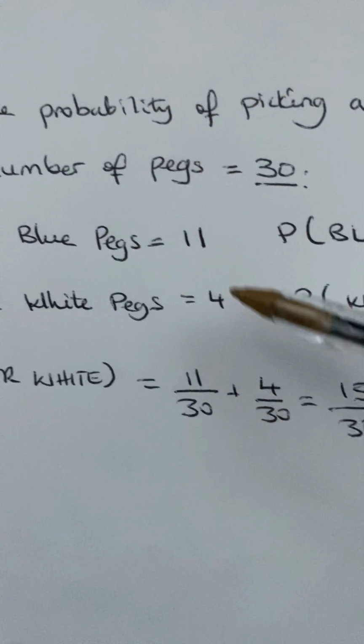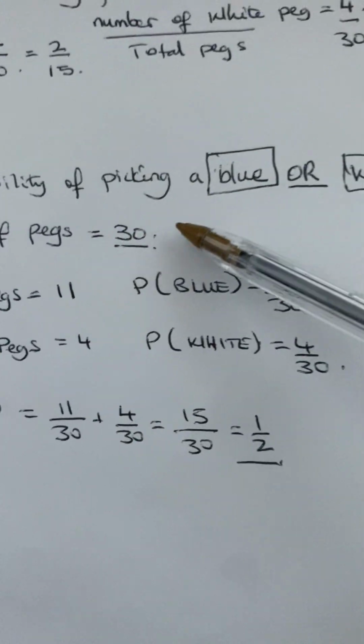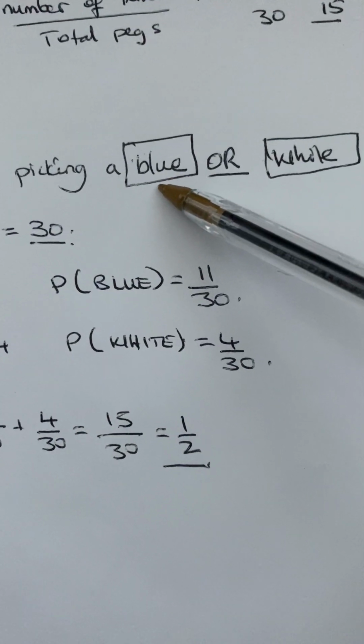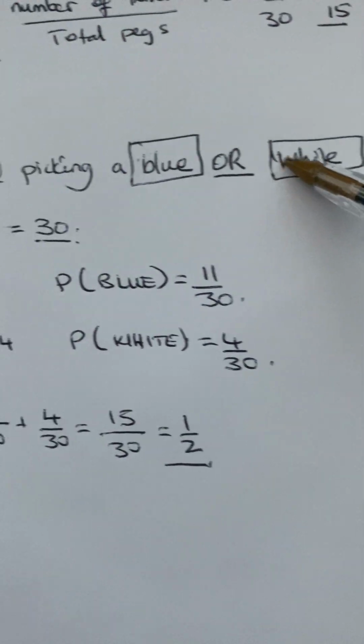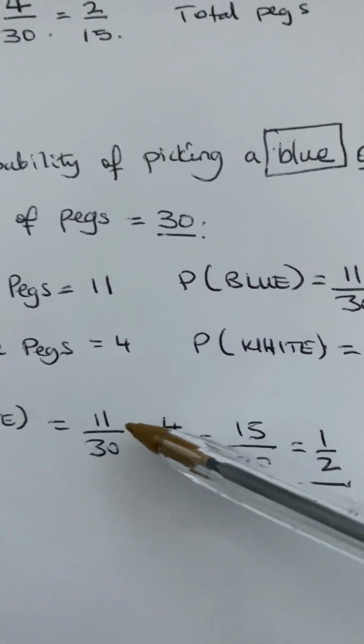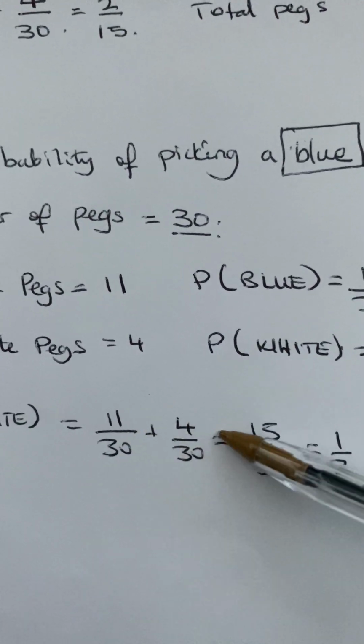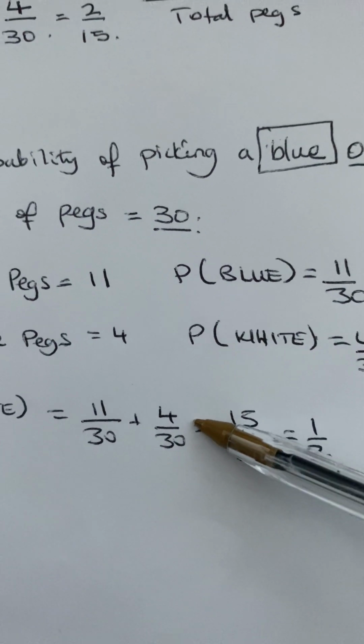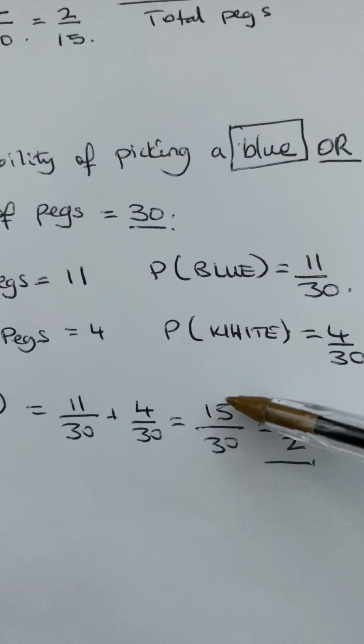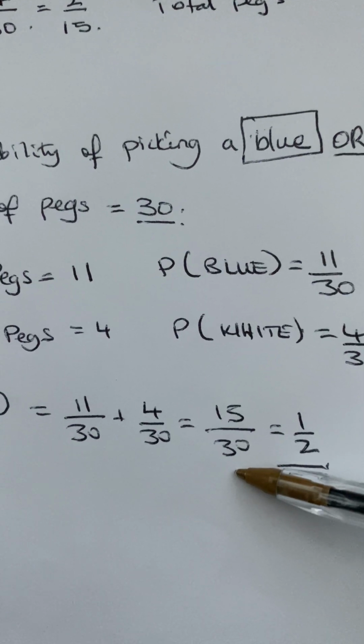The probability of picking a blue or a white: if I add all the blues and the whites, it's 15. So straight away I can write 15 out of 30.